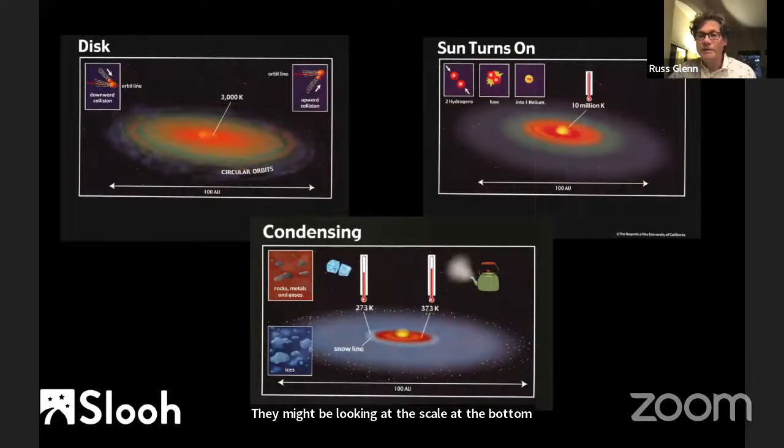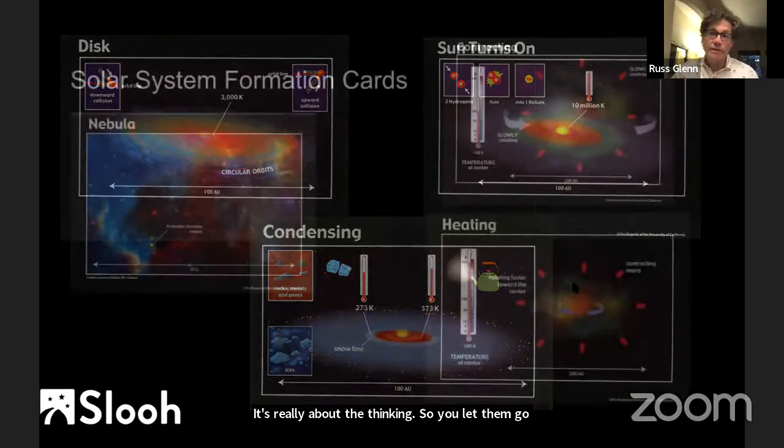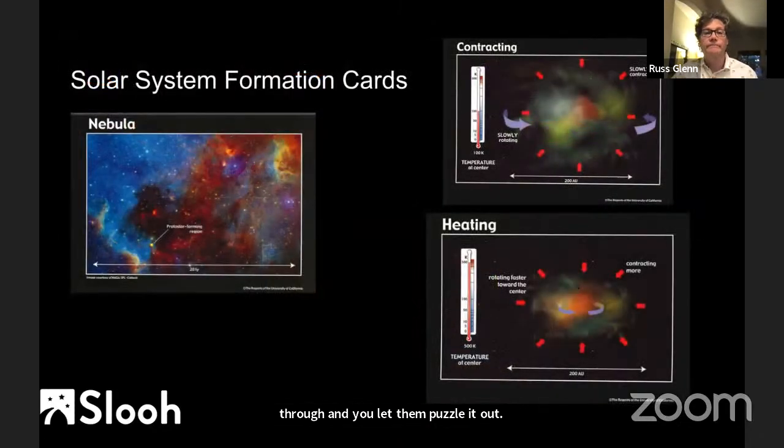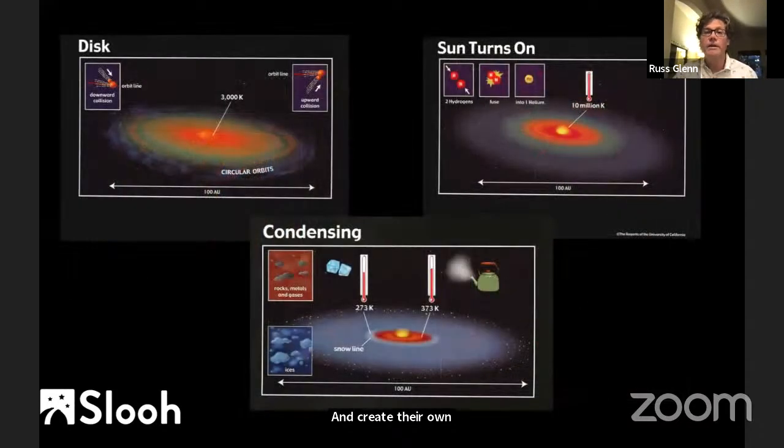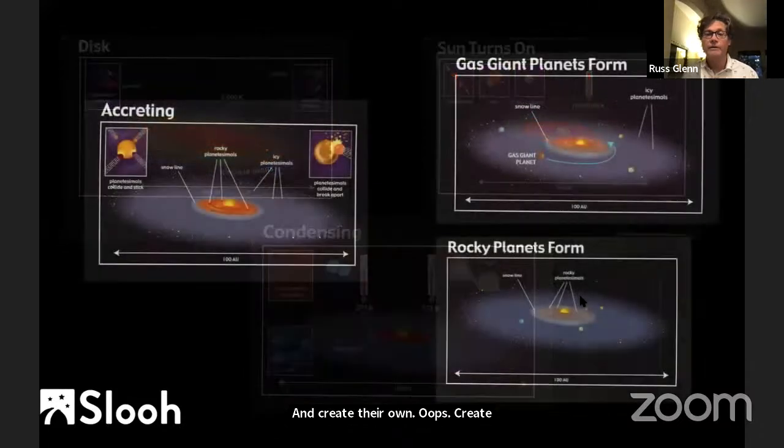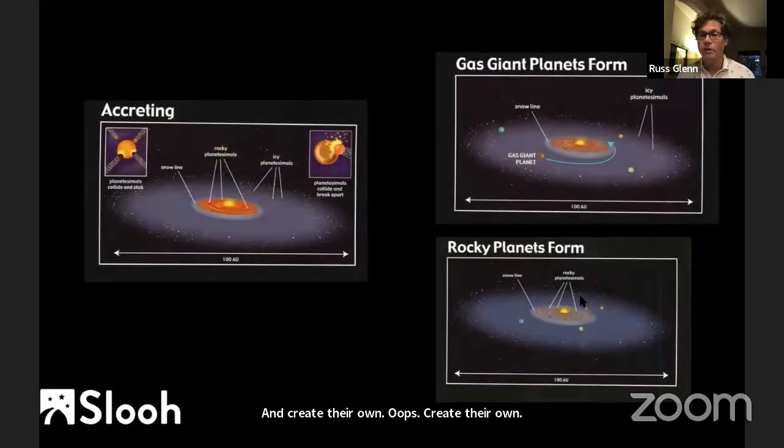They might be looking at the temperature gauges, and even if they don't know the Kelvin scale, they're going to get an idea about this. It's really about the thinking. So you let them go through and you let them puzzle it out, and create their own pattern with these 9 different cards.